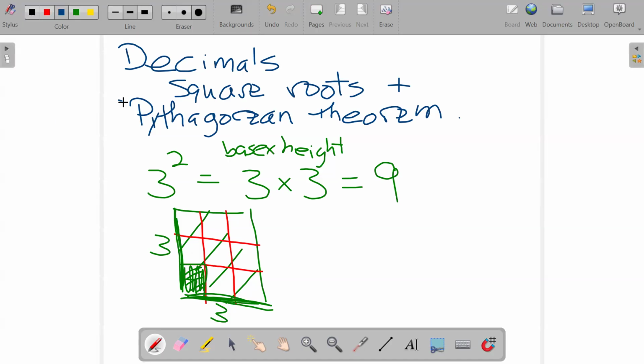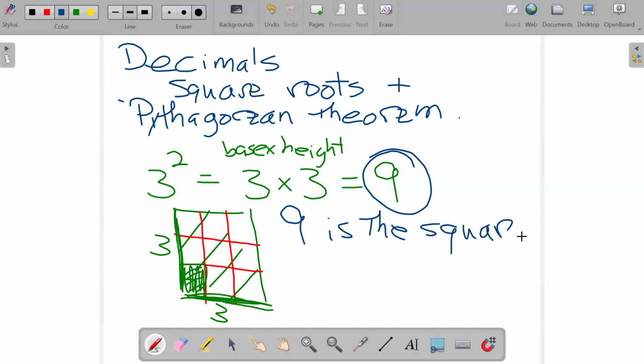So 9 is the square of 3, because I took 3 times 3 and I got 9. And 100 is the square of 10. If I take 10 and raise it to the second power, that means 10 times 10, which is 100.